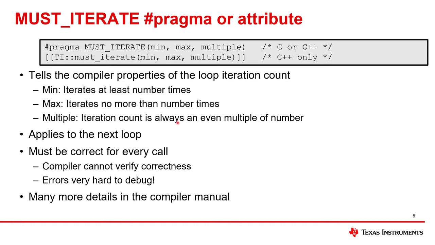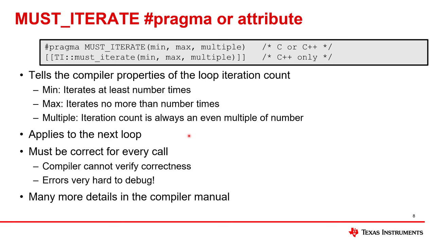All right. Now these properties of the loop iteration count that you're telling the compiler, they have to be correct. And they have to be correct for every call. It's very typical of a function for an integer parameter to be passed in and that parameter to be used to say how many times the loop runs.